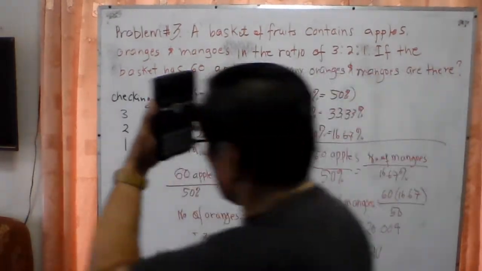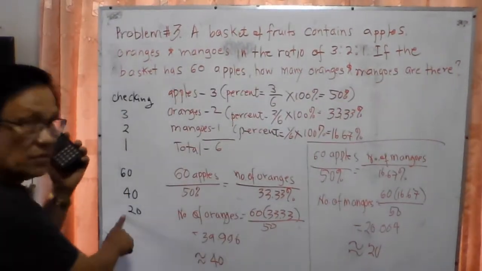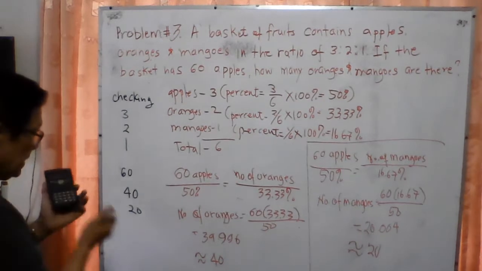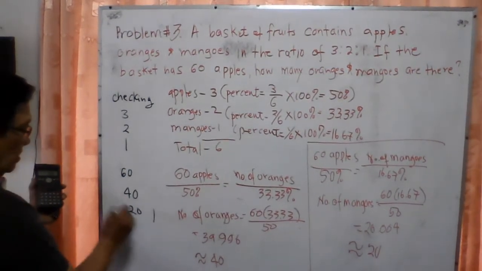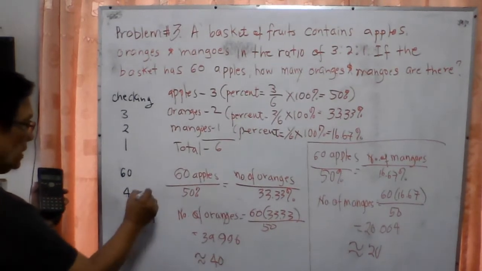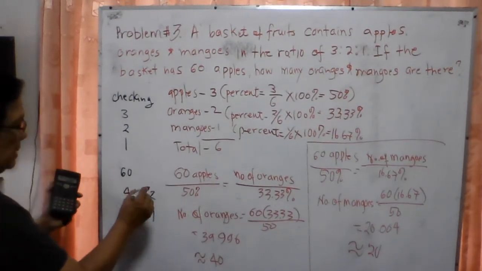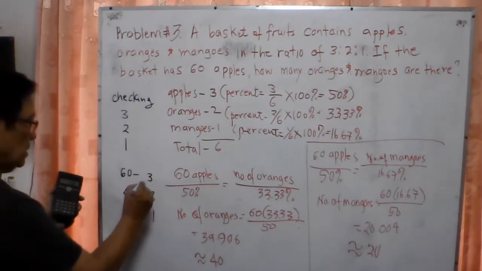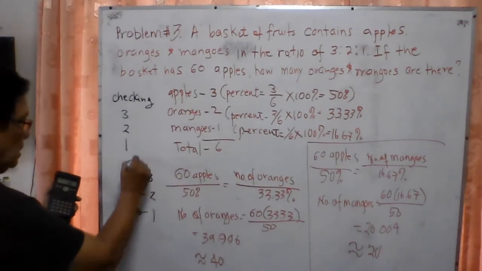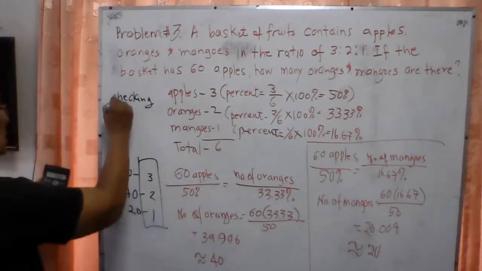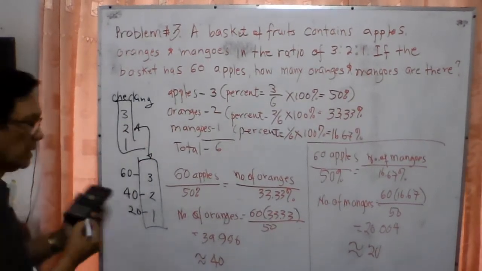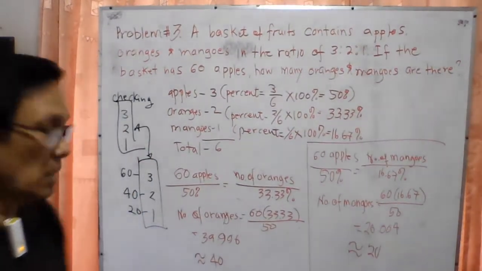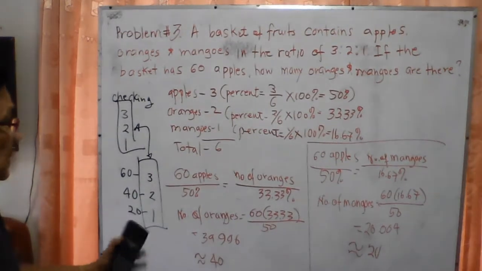If you divide all of this by 20, 20 divided by 20, 1. 40 divided by 20, 2. 60 divided by 20, 3. So, the answer is correct.